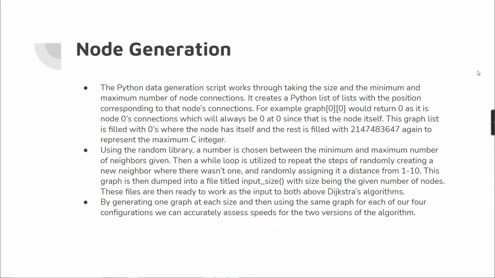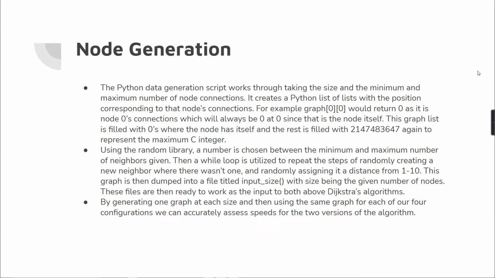So for example, at graph 0, 0, this would always return 0, because we're talking about node 0's connections, and the distance from node 0 to node 0, and since that node is itself, it will always be 0.